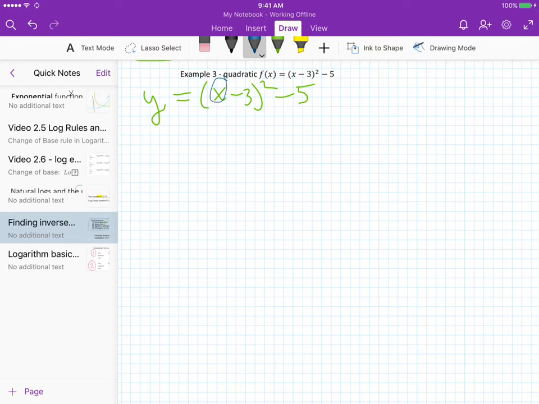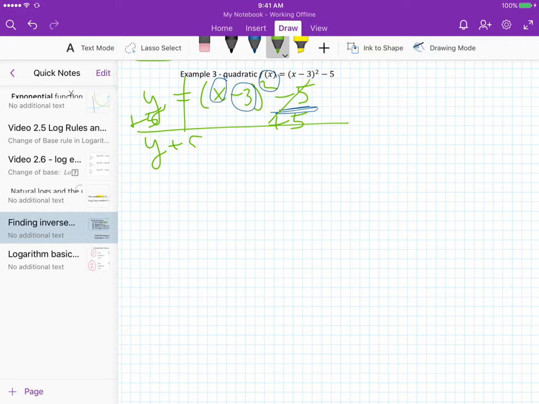So there's a few things in my way. This -5, this squared, and this -3. I'm going to start first by getting rid of the -5. So y plus 5 on both sides, that goes away. So y plus 5 equals x minus 3 squared.